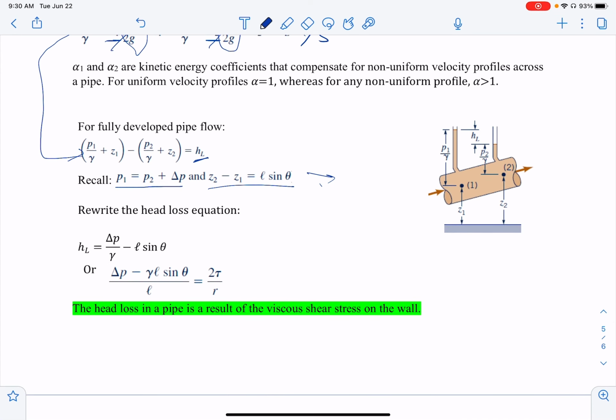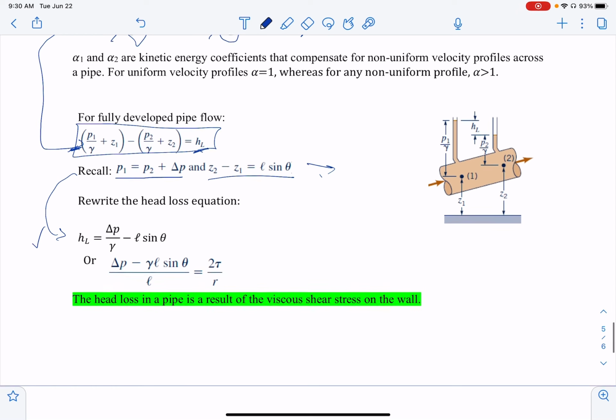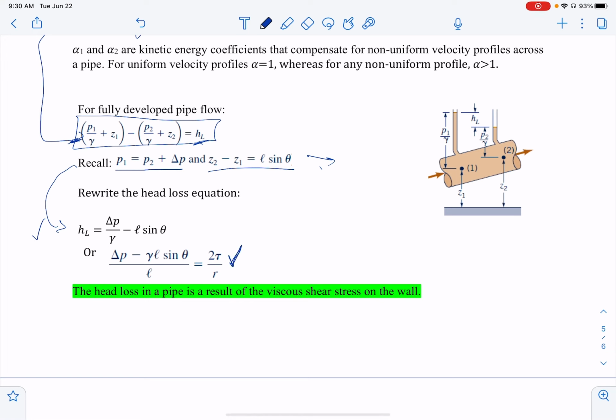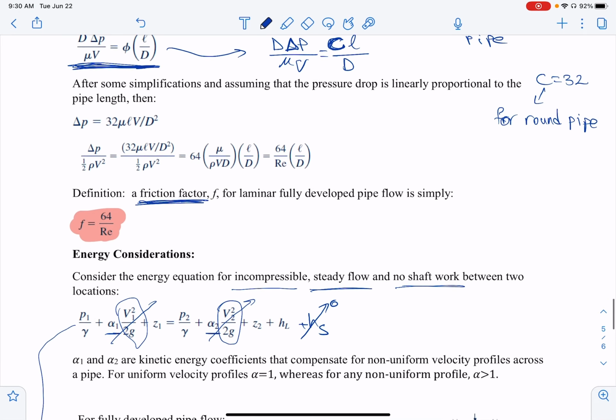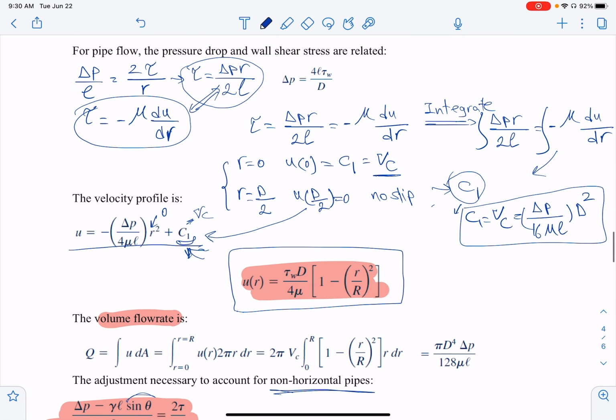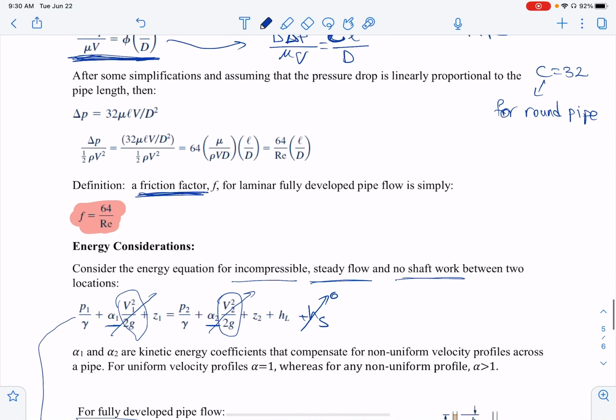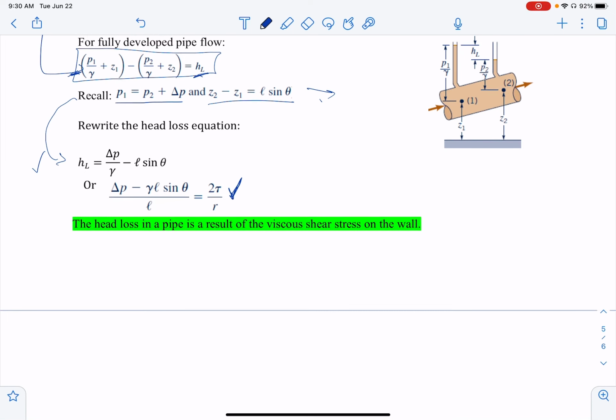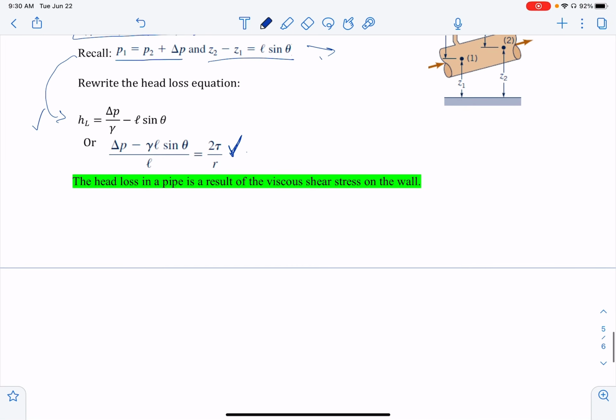If we put all of them in the head loss equation, we get this formula right here. Or we can use the relationship between tau and pressure drop that we already calculated. This is another way we can express that.